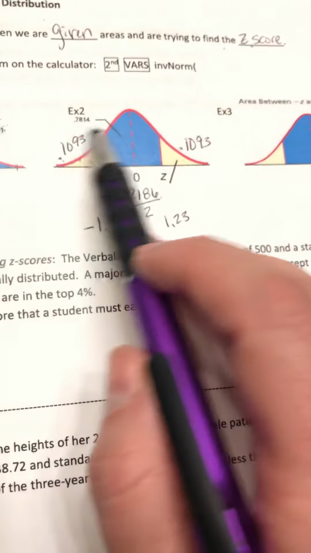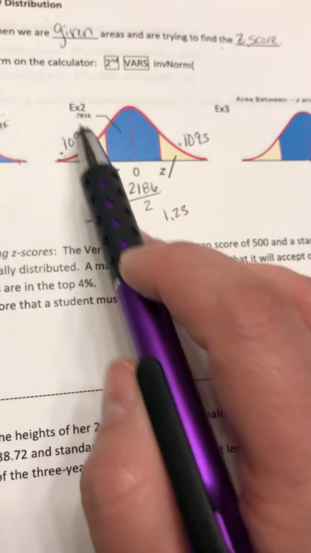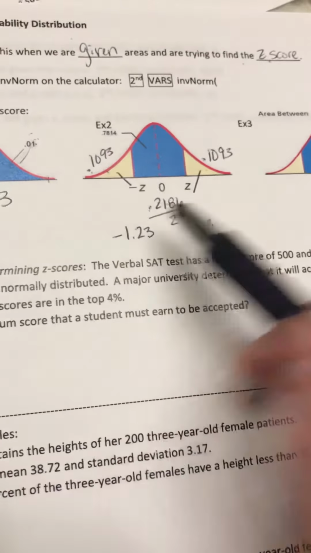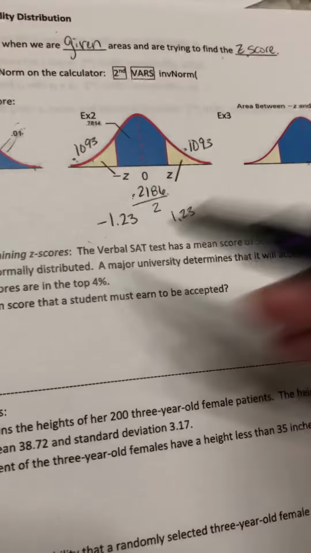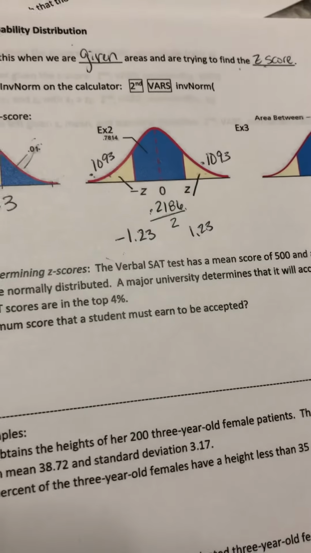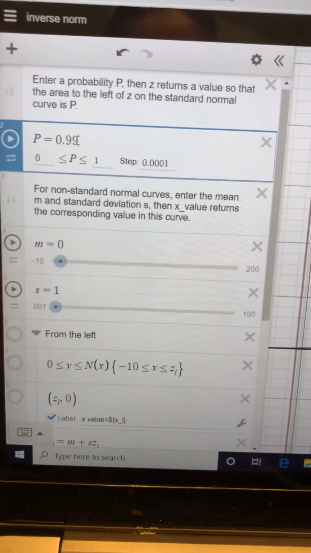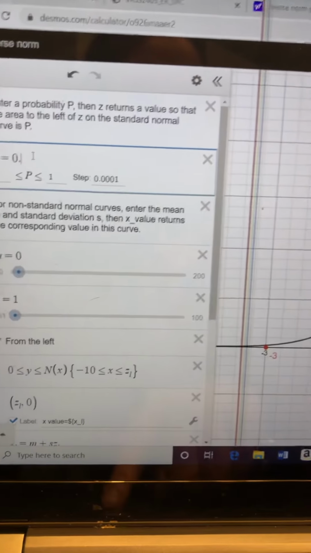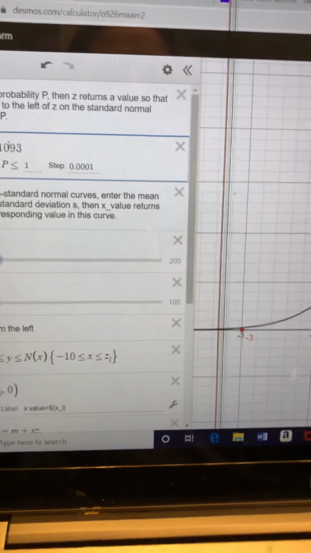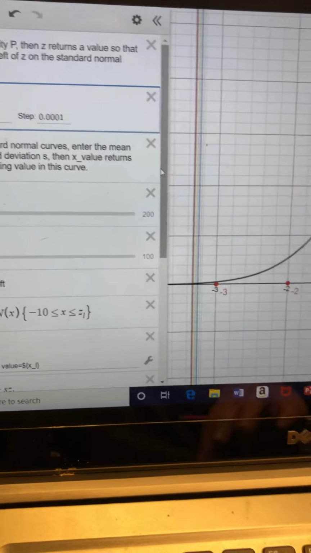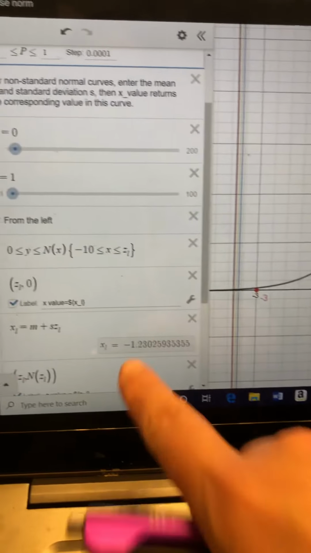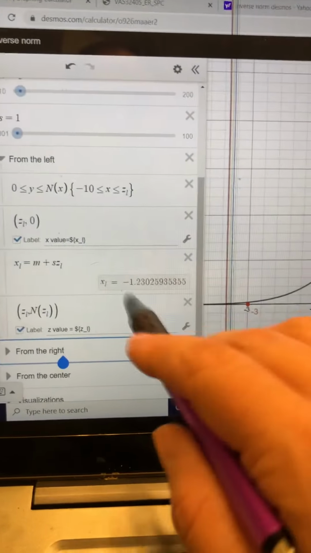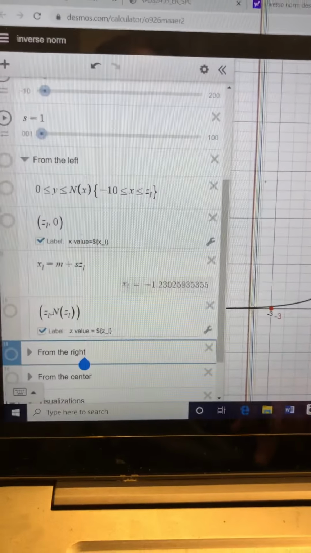I could also get that by doing inverse norm of 0.7814 plus 0.1093, but it's symmetrical, so one's negative and one's positive. On Desmos, again, if I type in 0.1093 and scroll down, it should tell me negative 1.23. Again, it gives me all these decimals, but Z is just rounded to two places.